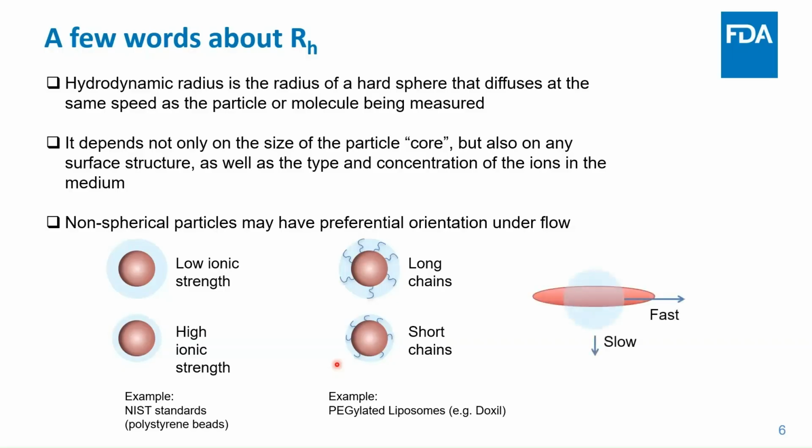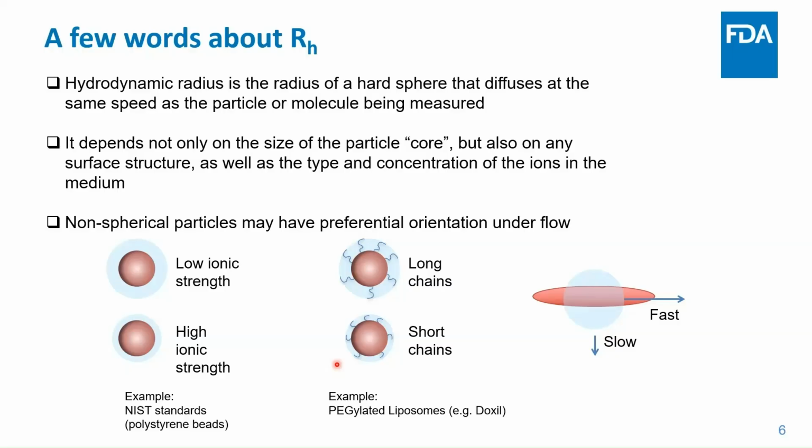And lastly, of course, the non-spherical. These particles tend to have a combination of fast diffusion in their primary axis, in the axial direction, so in the length of the rod, and they'll also have a rotational moment.